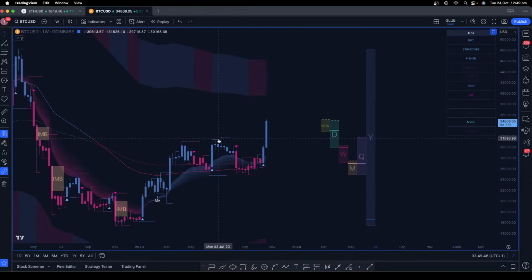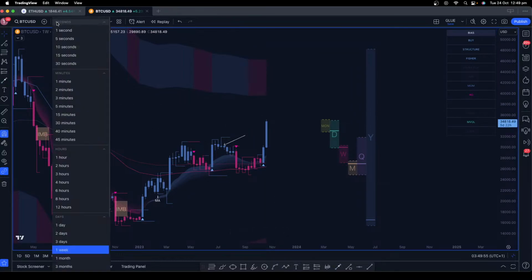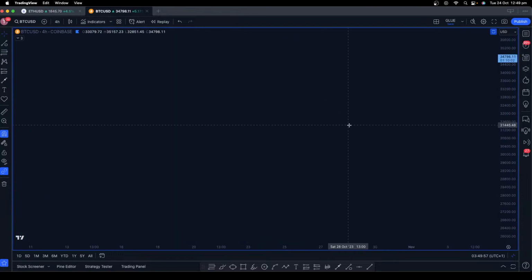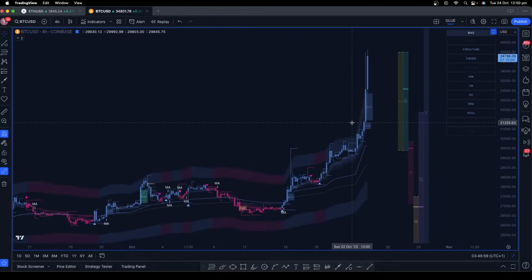Okay, so in this area right here was an imbalance, right? And I'll show it you on the lower time frame. So if we come to the 4 hour, you'll see it.